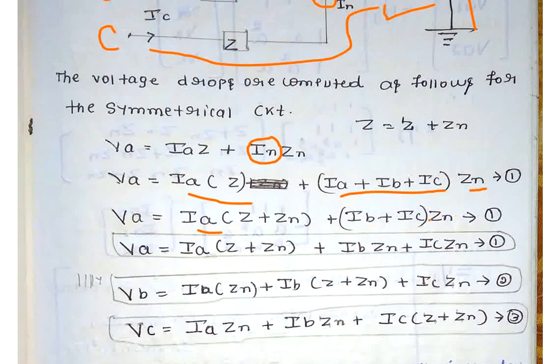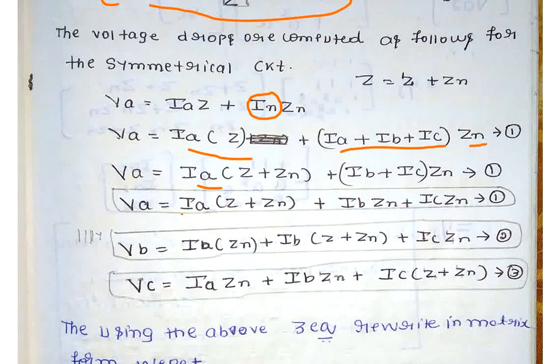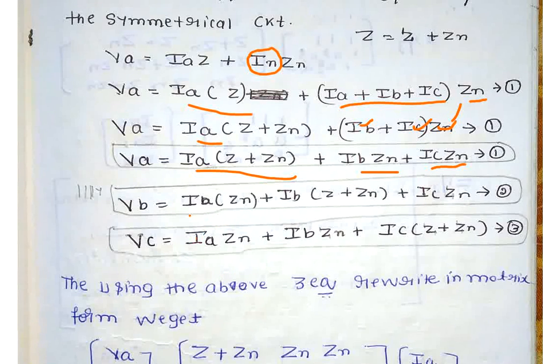Overall, VA equals IA into Z plus Zn, plus IB into Zn plus IC into Zn. Similarly for VB, the only change is that instead of IA I will get IB here, and wherever Z is there, you need to write Z plus Zn.